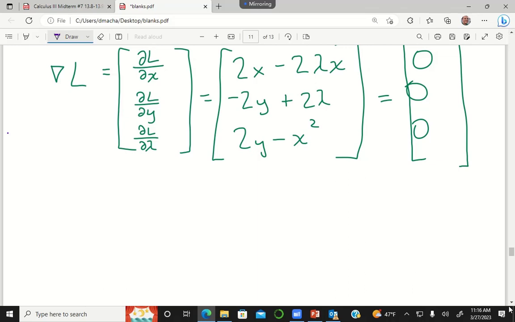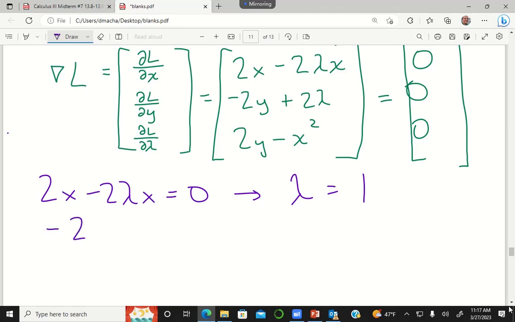And so the first thing I'm going to do is solve the first 2 equations for lambda. So my first equation is saying 2x minus 2 lambda x equals 0. If I rearrange that, I can get lambda is equal to 1. So then my second equation becomes negative 2y plus 2, because lambda is 1, equals 0.